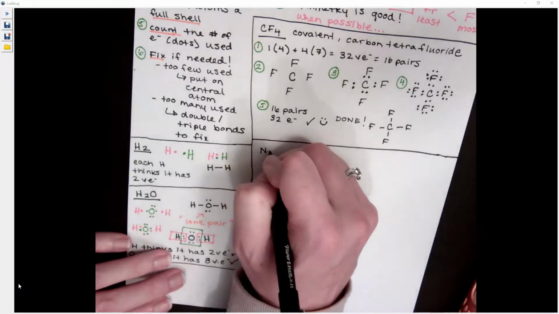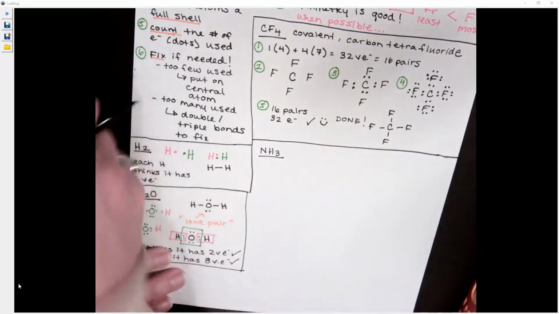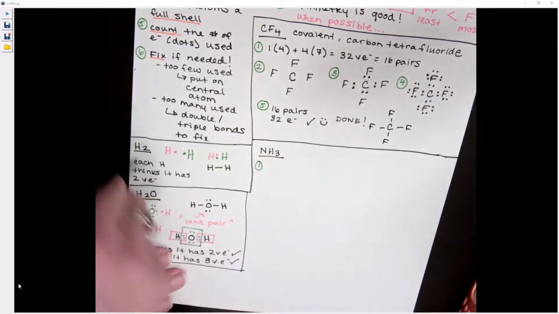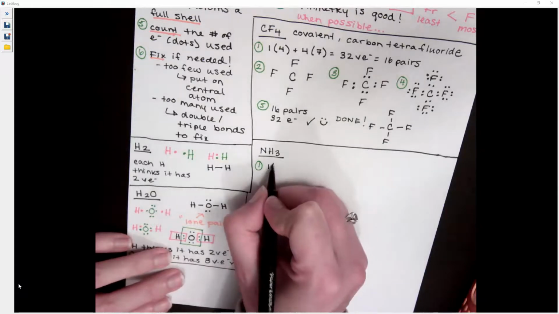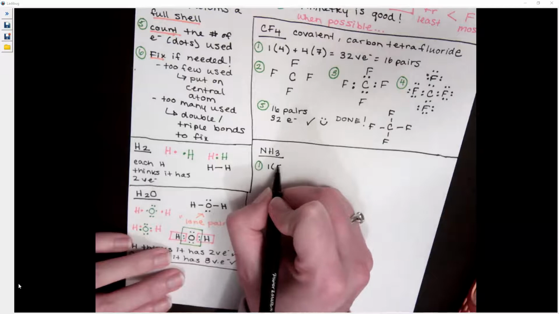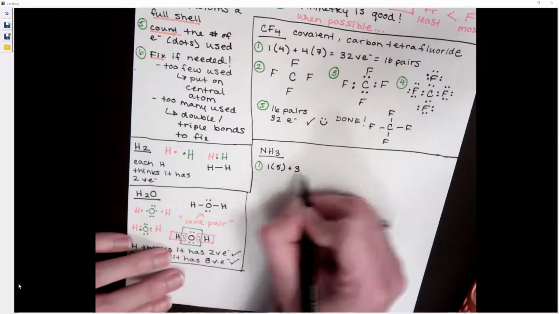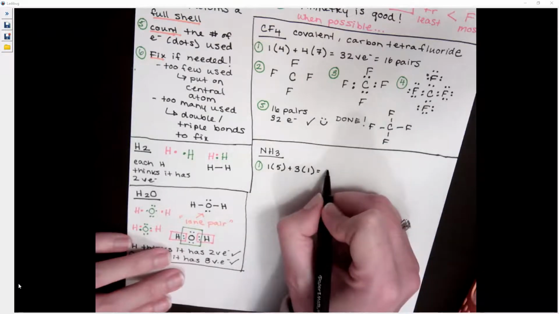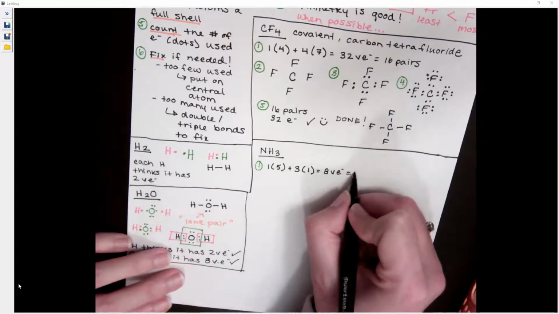Let's do NH3. Step 1 is count. I have 1 nitrogen. It comes with 5 valence electrons. I have 3 hydrogens that each come with 1. So altogether I have 8 valence electrons, which is the same as 4 pairs.